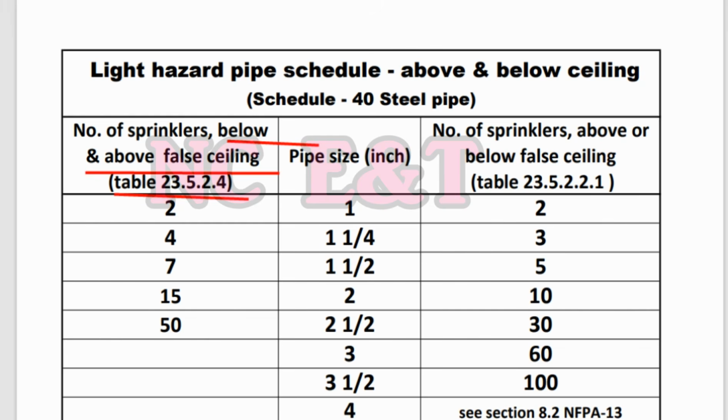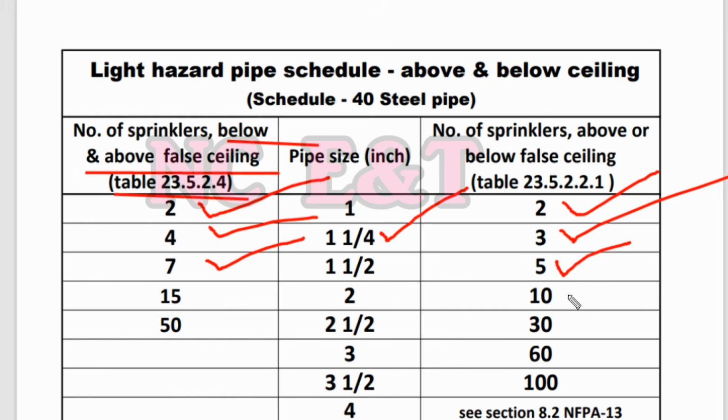For the 1 inch branch line it is the same, 2, but when we go for 1¼ inch we have a lesser number of sprinklers when we are using the sprinkler system only below the ceiling, but if it is mixed then we can go up to 4 sprinklers. The same way for 1½ inch in this case this is 5, but in the mixed case it is 7. For 2 inch below the ceiling only it is 10 sprinklers but mixed 15, and for 2½ inch it is 30 and for another 50.